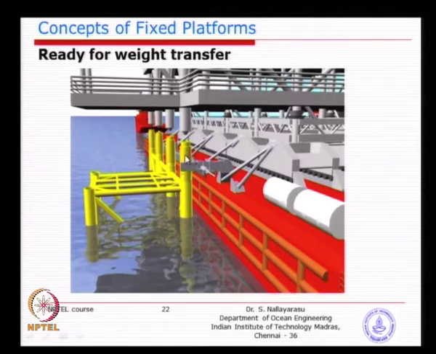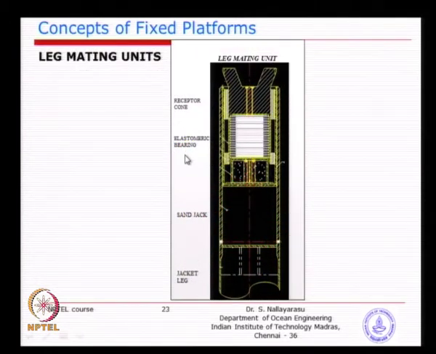Inside here you place a series of elastomeric pads, very similar to rubber, but very hard rubber, and you have a steel plate at the bottom to prevent this from going down, because the jacket leg is hollow, and then it is filled with sand. So, basically the bottom is welded plates, you have sand, and this plate is not welded to the inside, it is actually floating on top of the sand, just resting on the sand.